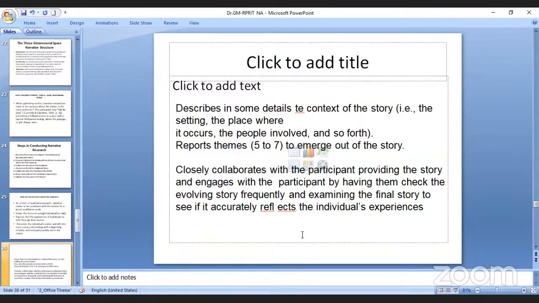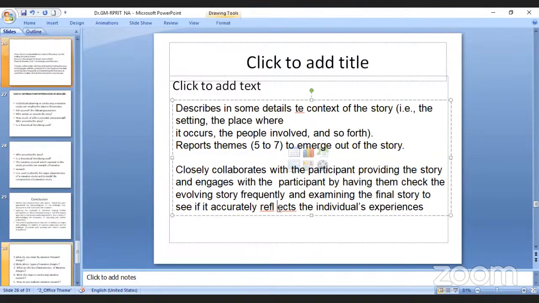Then closely collaborate with the participant, providing the story, and engage with the participant by having them check the evolving story frequently and examining the final story to see if it accurately reflects the individual's experiences.